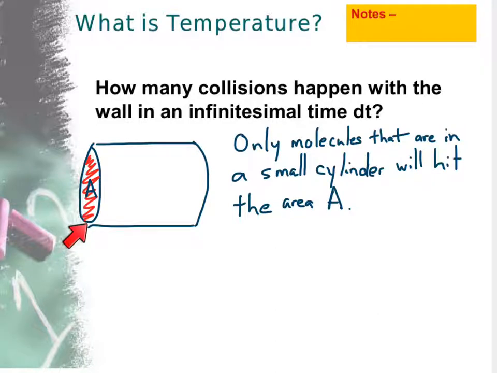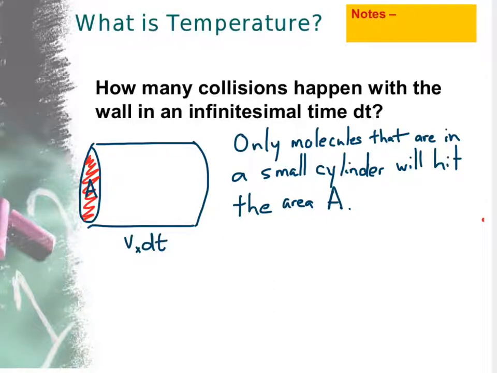We assumed all of these molecules are traveling with a speed in the x direction given by vx. If I multiply that times the time, dt, that gives me the total distance that a molecule could travel in time dt, and that would actually be the length of the cylinder here.